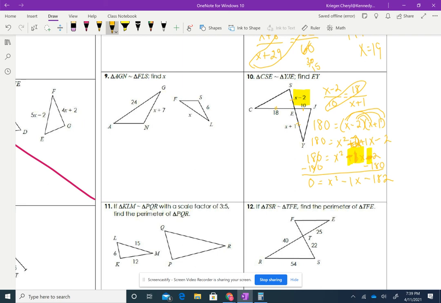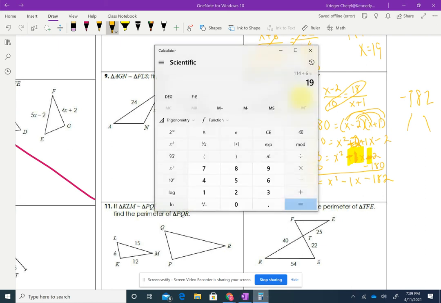And we got to factor, so we think negative 182. Factors of negative 182. Okay, 182 divided by 6. Nope. 182 divided by 8. Nope. Not 10.